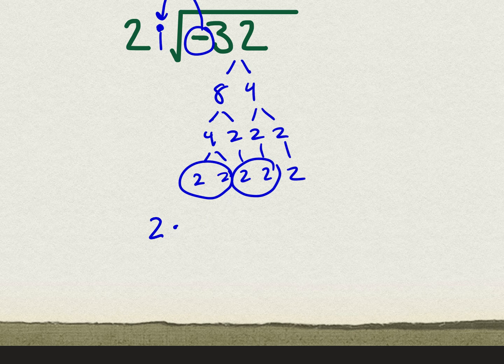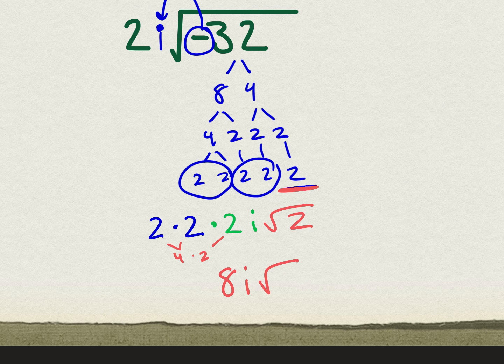But what did I already have on the outside? A 2i. And then what stays on the inside? Just one 2. So what do I do with all those 2's on the outside? Multiply. So what's 2 times 2? 4. And 4 times 2? 8. So it'll be 8i square root 2.